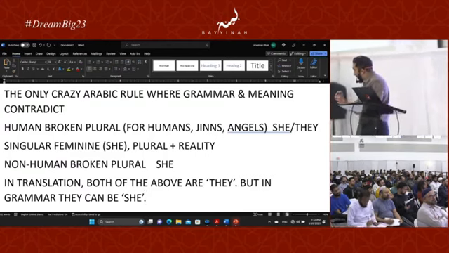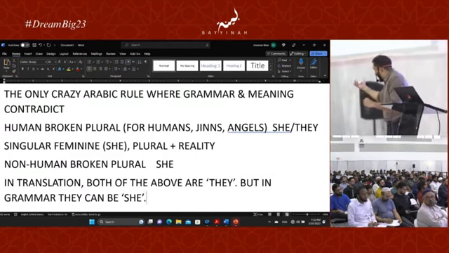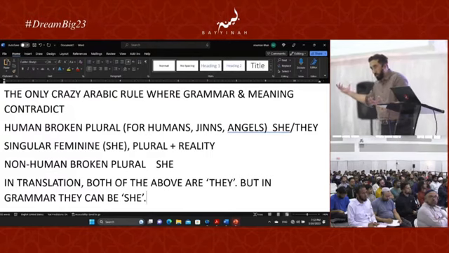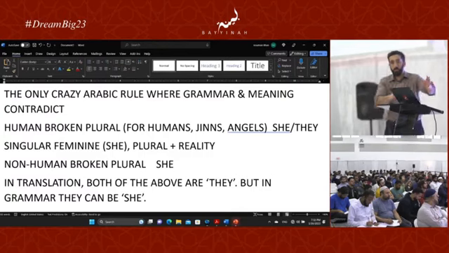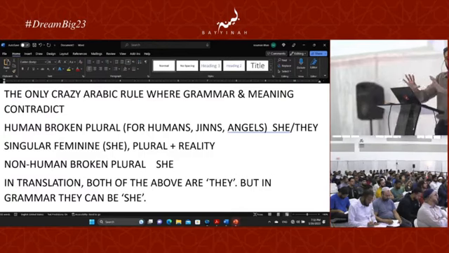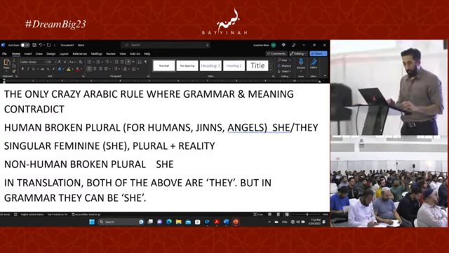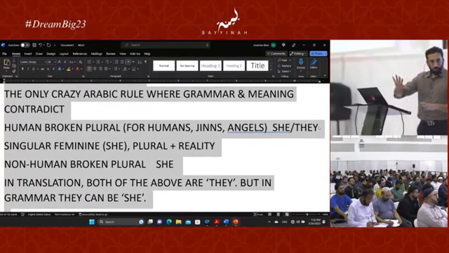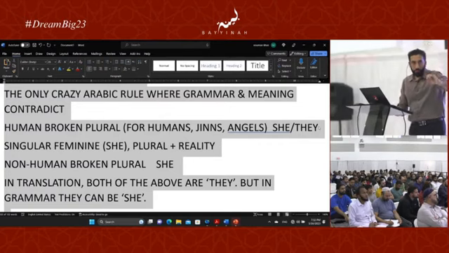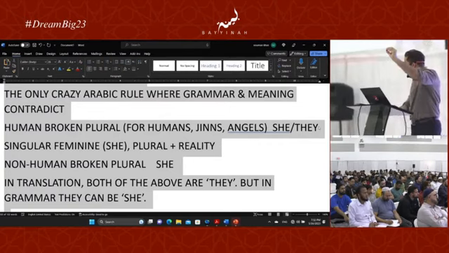Meaning the grammar does not affect the translation. The translation is not going to say she. The translation is going to say what? They. That's why this is a confusing rule. Okay? So that's a quick recap of broken plurals. Now, was this helpful? So these are some of the hard parts of what we did so far. Not everything we did, but some of the pain points of what we've done so far.